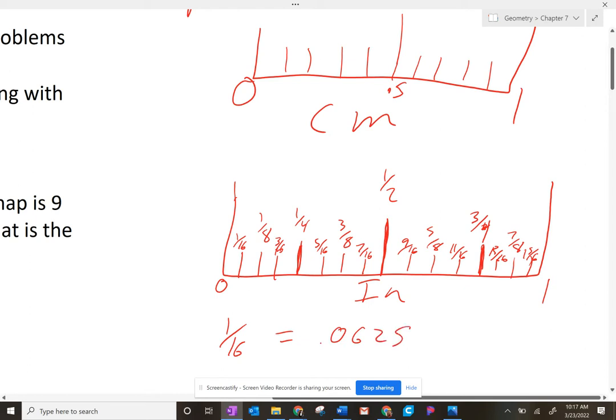You're going to get some really, really small numbers and a lot of decimals that you'll have to work with. So, if at all possible, I would say use the metric system, centimeters, millimeters. I'm letting you know in your assignment today you don't have to use the customary, but I want you to understand what those measurements actually mean.